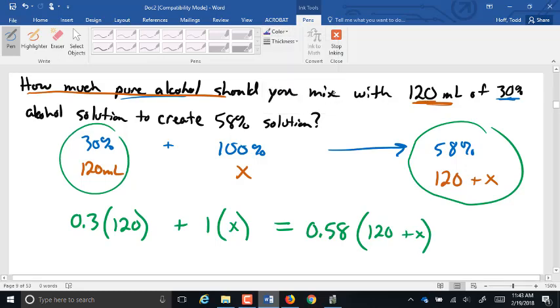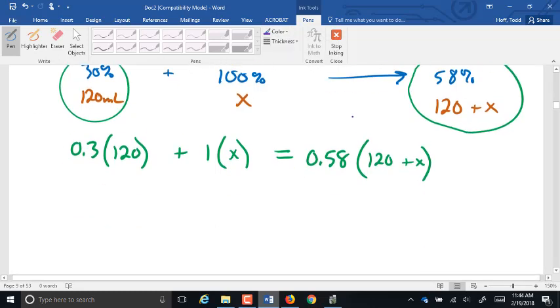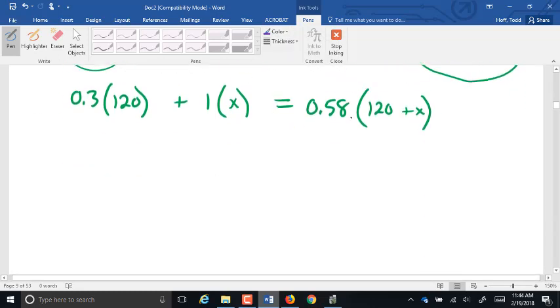So now remember our steps for solving equations. We always simplify what's on each side first. So on the left side, I can do 0.3 times 120 is 36. 1 times X is just going to be X. So that's all I can combine on the left side. On the right side, we have the parentheses. We should do something there first.